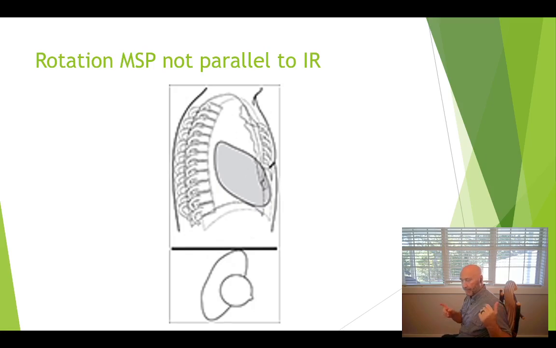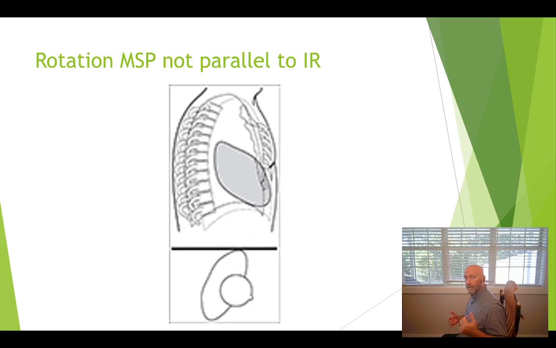So if you can visualize the sternum anterior to the heart, so you've got the sternum and the soft tissue of the right-hand side of the patient out and away from the heart, and the heart's kind of tucked in behind the sternum, then that indicates that the patient was rotated towards the image receptor.